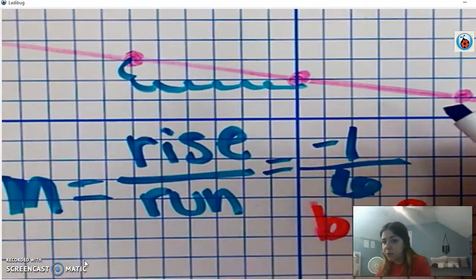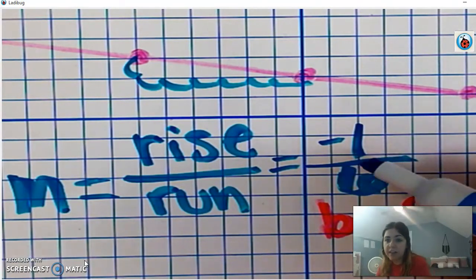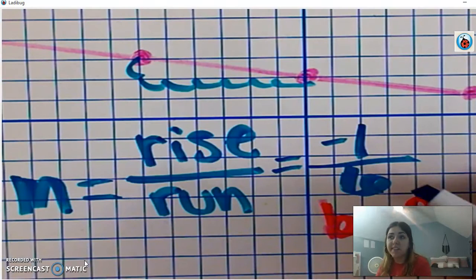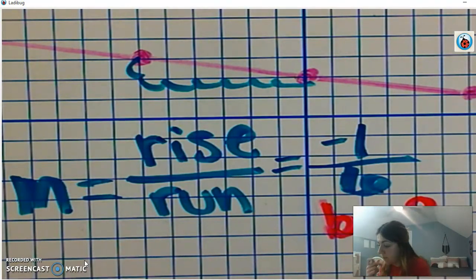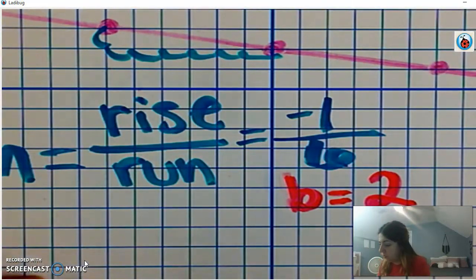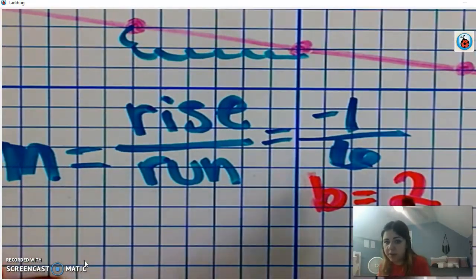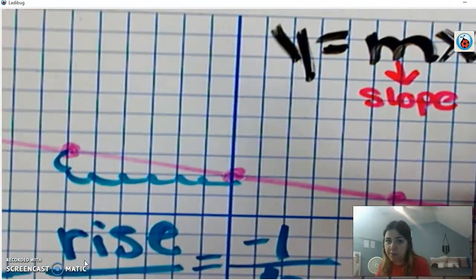So my slope is negative 1 over 6. That doesn't simplify. It doesn't reduce. Negative 1 over 6 in the smallest form as a fraction is negative 1 over 6. So that's my m. So what I've got here is b equals 2, m equals negative 1 over 6. And now I'm going to take those numbers and plug them into y equals mx plus b.